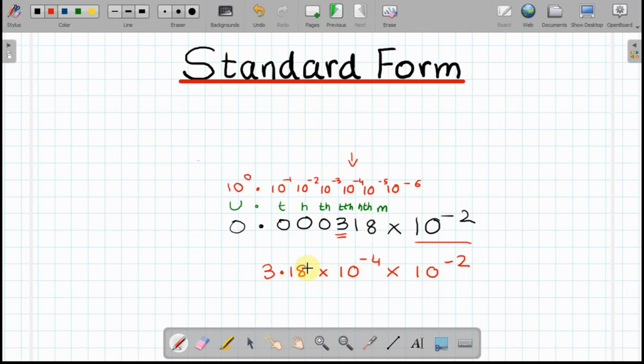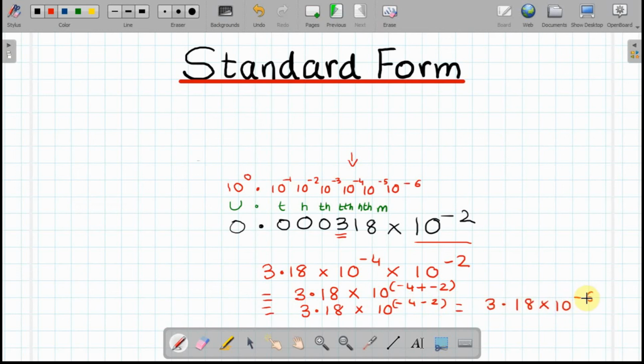Okay, and then I just multiply these two, so that will give me 3.18 multiplied by 10 to the power minus 4 plus minus 2, which is minus 4 minus 2, the same as 3.18 times 10 to the power minus 6. Okay, and that's how you write this kind of number in standard form.